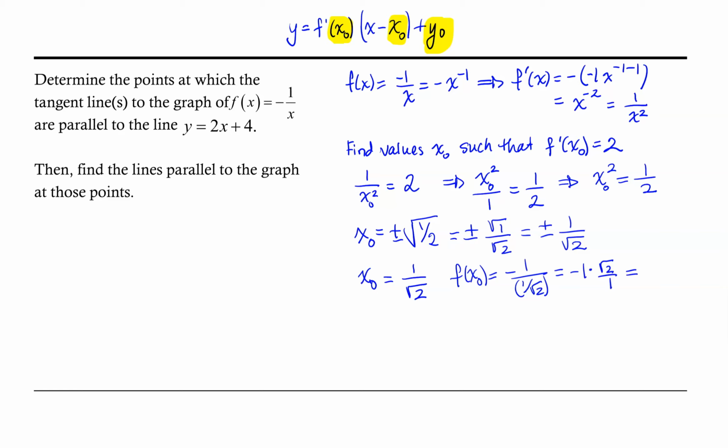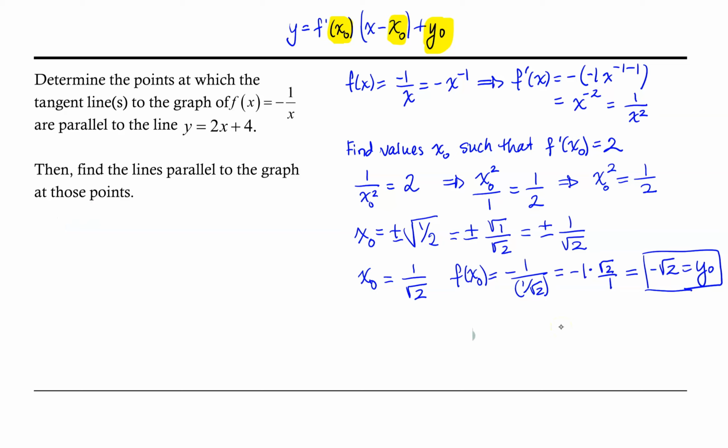So f of x naught is negative square root of 2. And this f of x naught is also known as the corresponding y value. Okay, so I have an ordered pair: 1 over square root of 2, negative square root of 2.